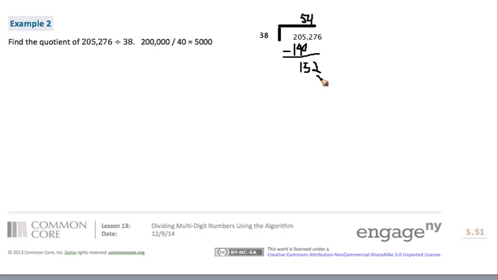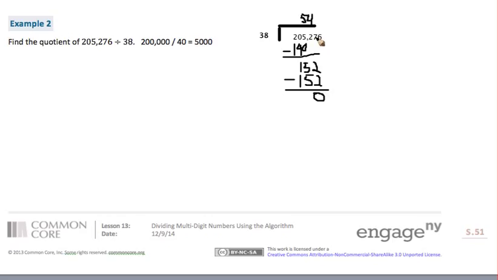4 times 8 is 32. Regroup the 3. 4 times 3 is 12, plus 3 more is 15. Now this is where we need to be very careful, because when we subtract we do get 0. However, we have not used the last 2 digits in this number.